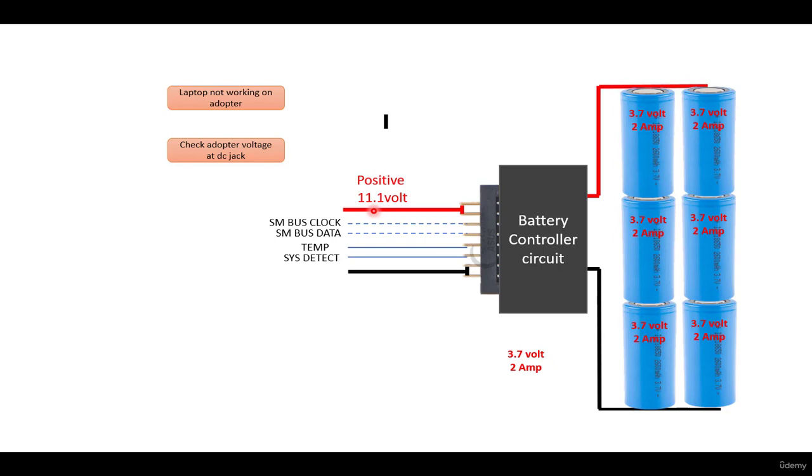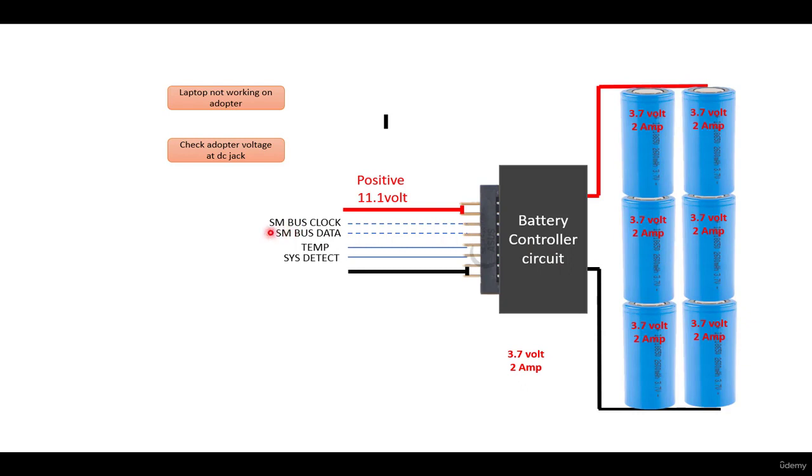Another thing is there is a bus called the SM bus, or the I2C bus. The SM bus, or I2C bus, is basically a communication protocol between the battery and the Super IO. This bus communicates with the battery, and whatever information is there from the battery is informed to the SIO.